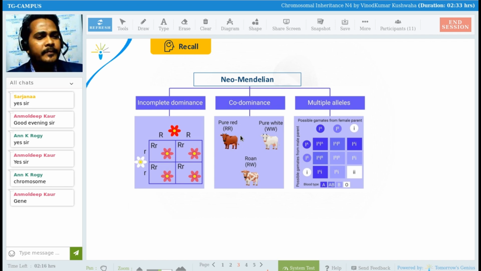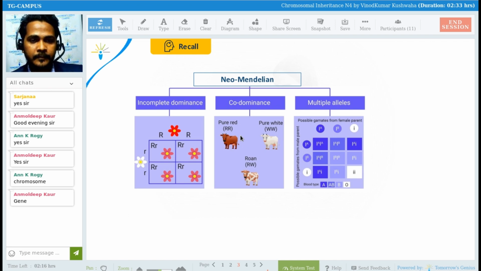Incomplete dominance is like an exception to the law of dominance. The law of dominance says that the dominant gene is the only one that is phenotypically expressed. But in incomplete dominance, the recessive gene and dominant gene are mixed together. You cannot see complete dominance there. Right.